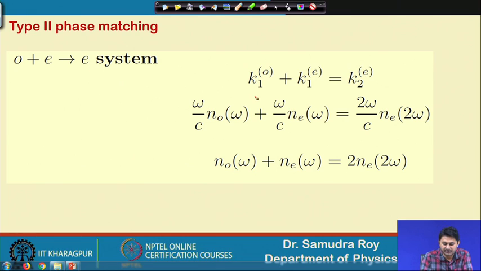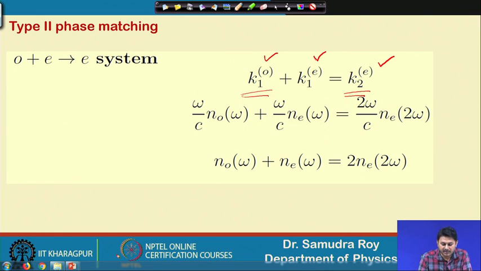In this system, if I write in terms of k, k 1 is the propagation constant at frequency omega 1 or omega. So, k 1 ordinary and k 1 extraordinary generate k 2 extraordinary. This is the scheme of ordinary plus extraordinary equals extraordinary.